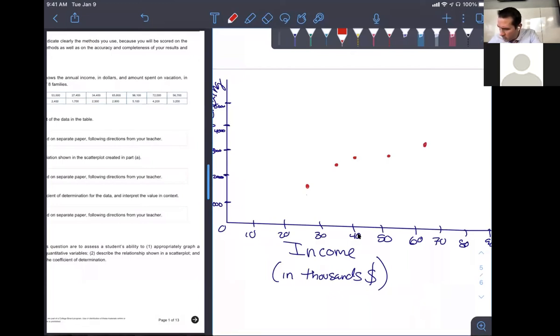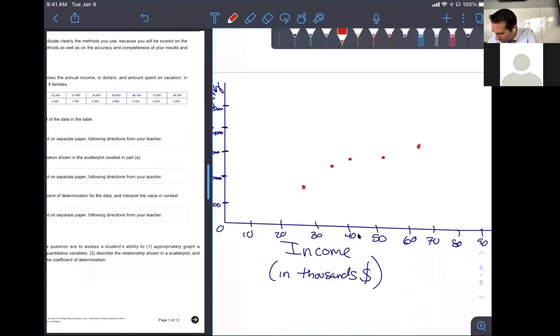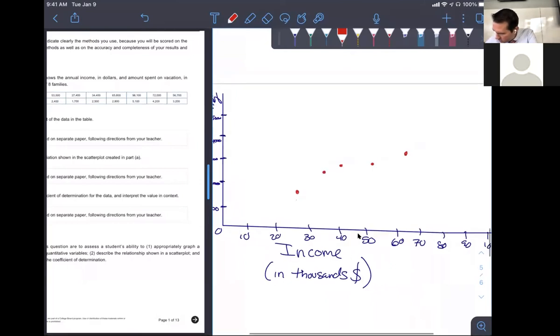Starting to see a pattern. 98, 5,100. Must be nice to be them. There you go, that person up at the upper corner. 72, 4,200, somewhere around there.